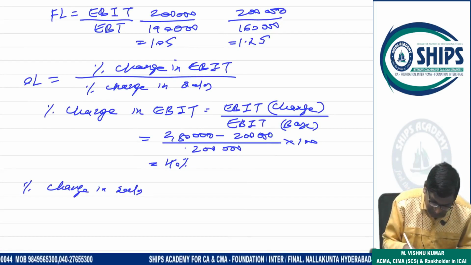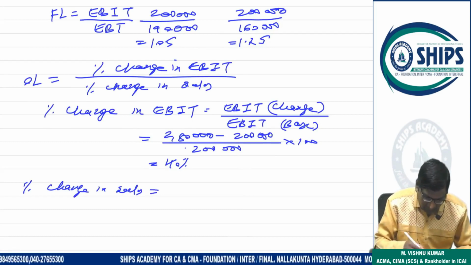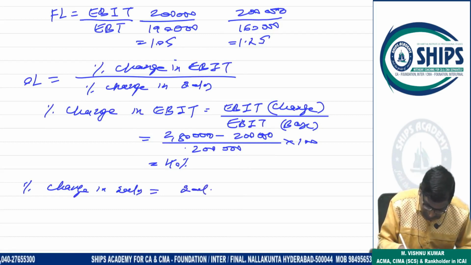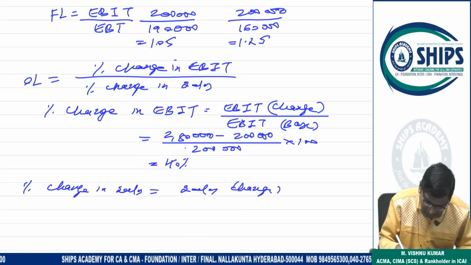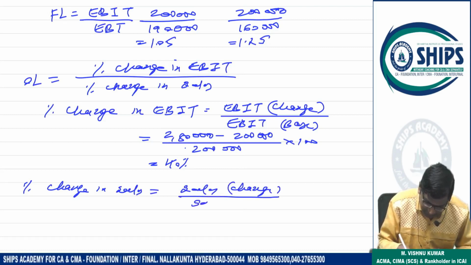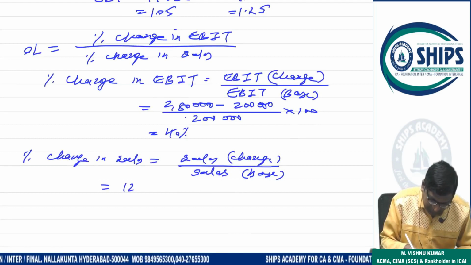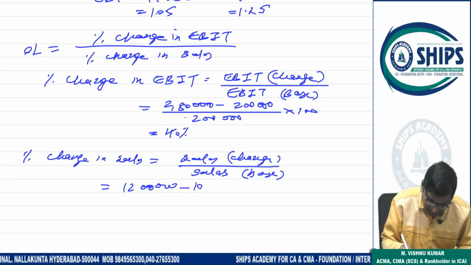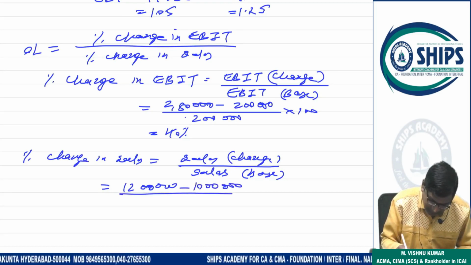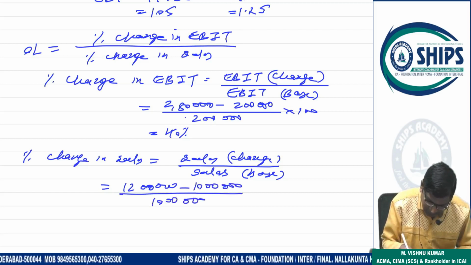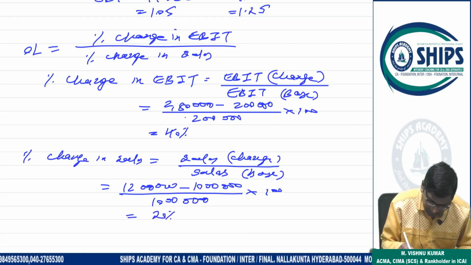Percentage change in sales. Now this is sales change and base sales. So sales change how much? 12 lakhs आया. Previously how much it was? 10 lakhs. So 20%.